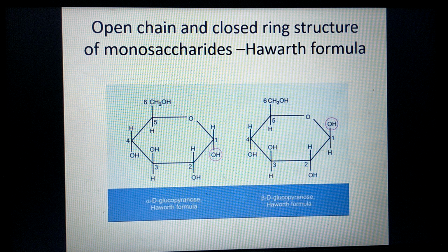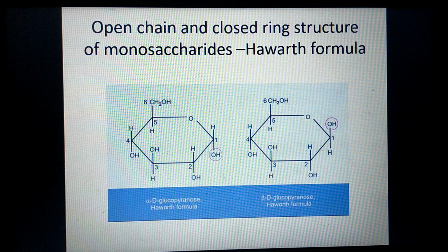It is called alpha D glucopyranose or beta D glucopyranose. Here the first carbon and fifth carbon combine with the help of an oxygen atom, and the sixth carbon forms a branch. Now in this case, the first carbon is the functional group.